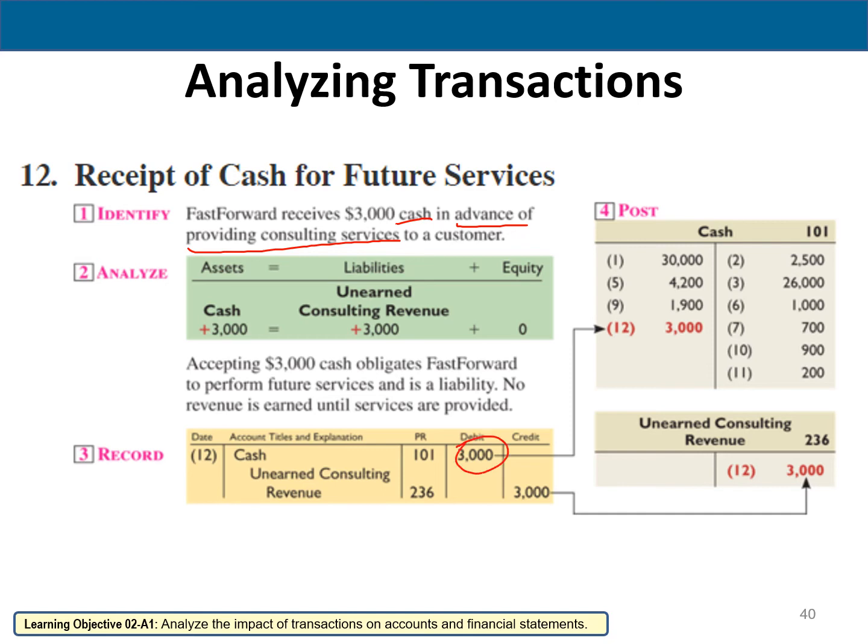We debit, right? And then unearned consulting revenue is a liability, and we said that to increase liability accounts, what do? We credit. And then we post our transactions to the general ledger.